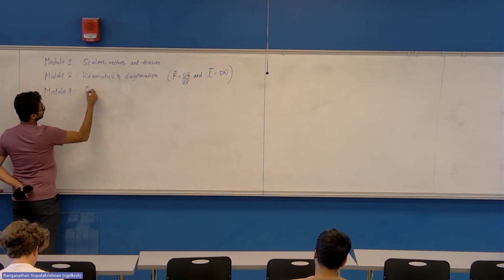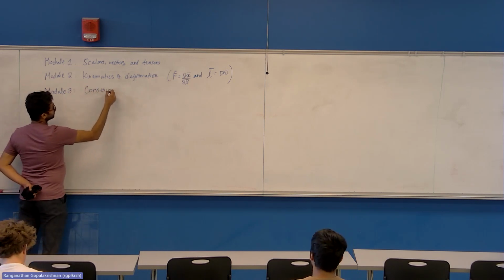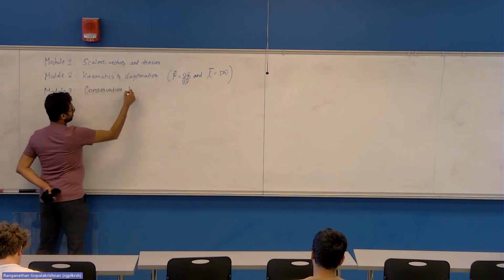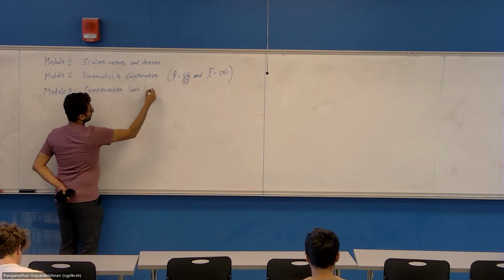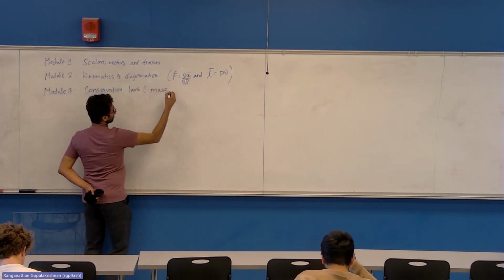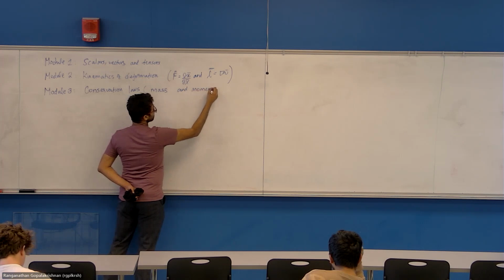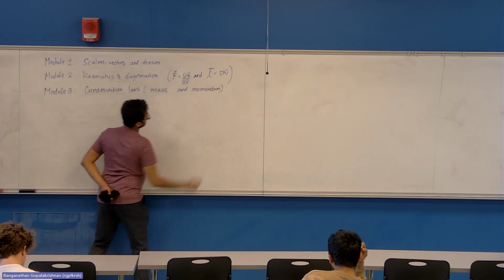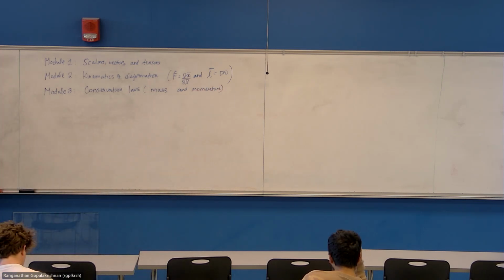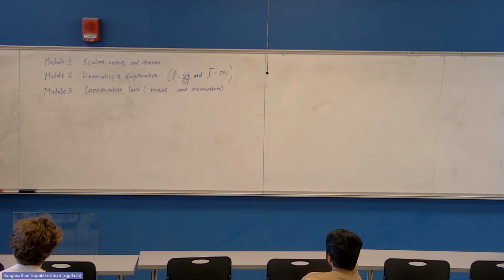which is to look at conservation laws. Mainly we are going to see mass and momentum conservation, or linear momentum, not angular momentum. So why do we need conservation laws, or what is the connection between deformation and conservation laws?